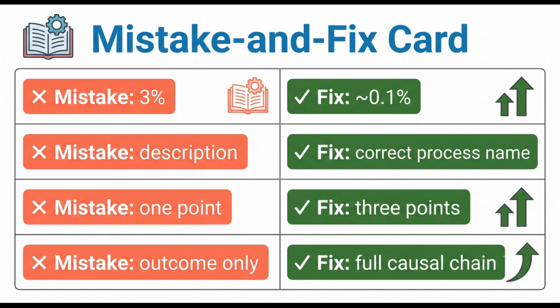Let's fix the 4 most common mistakes on this topic before we close. Mistake 1, WAQ1, writing 3% for accessible freshwater. The correct answer is approximately 0.1%. 3% is total freshwater, most of it frozen. Read the question carefully, it asks for accessible surface freshwater.